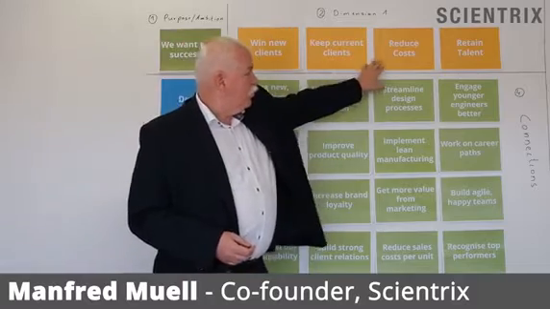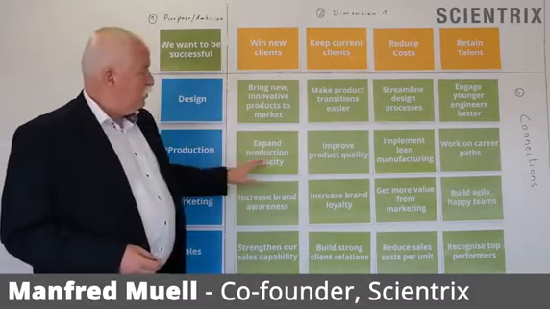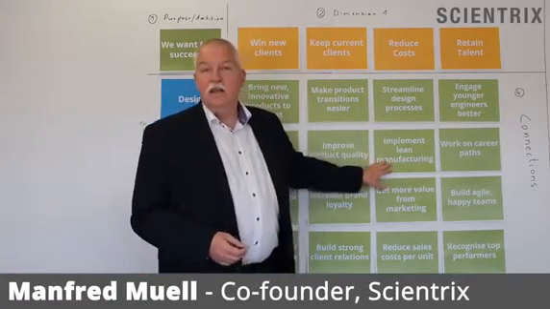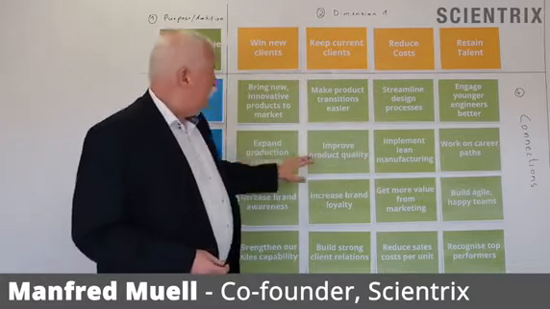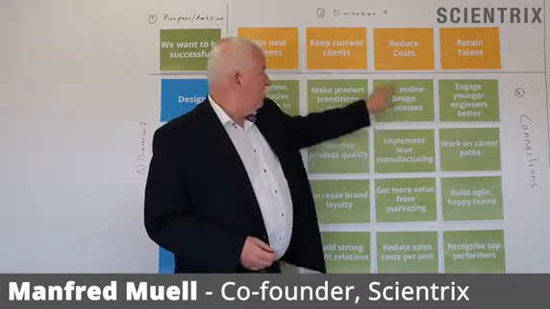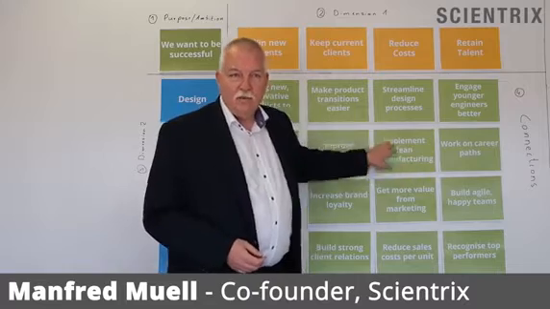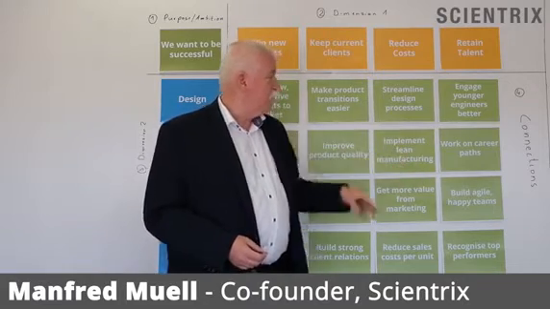Thirdly, in order to reduce cost, production would need to implement a lean manufacturing concept. In other words, to implement the Kaizen principles to reduce waste in the manufacturing or production process.